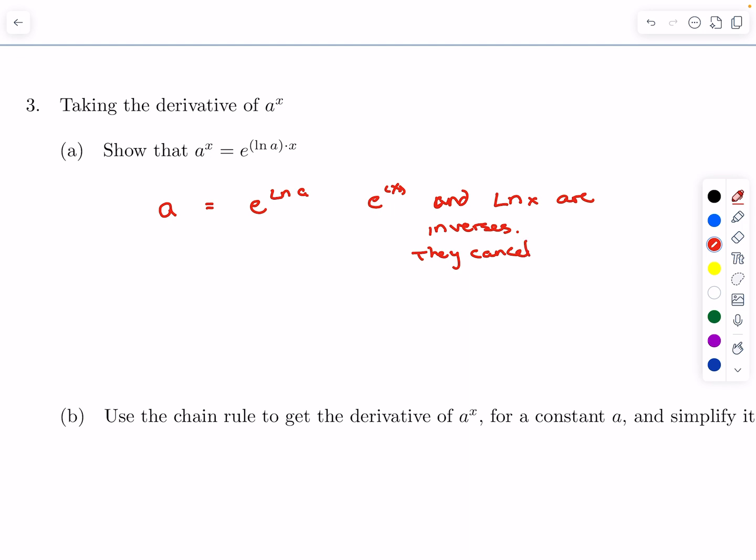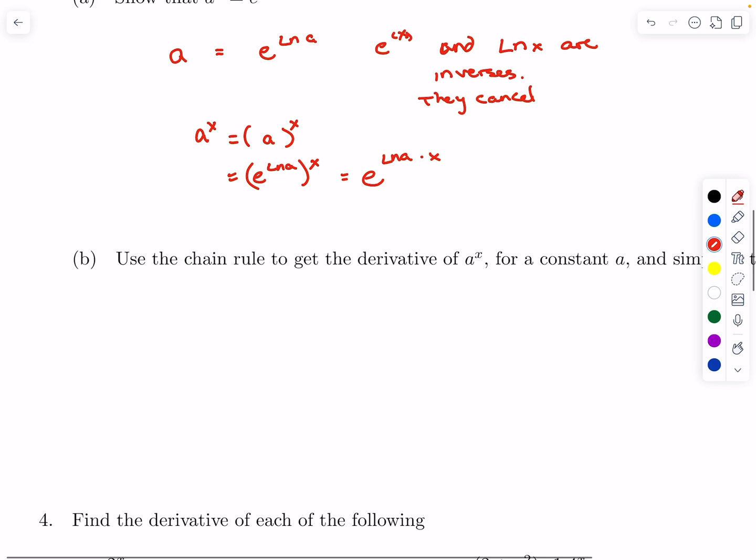They'll cancel each other out as long as they are right next to each other. So a to the x is e to the ln a times x. Fine.